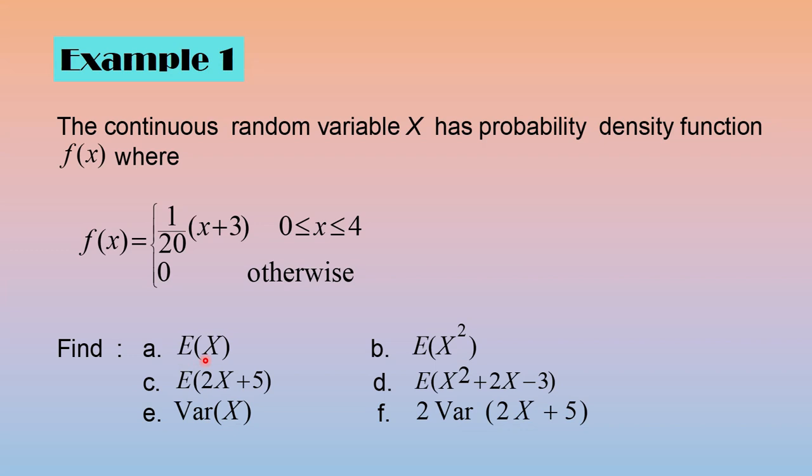Find (a) expected value for X, (b) expected value for X squared, (c) expected value for 2X plus 5, (d) expected value for X squared plus 2X minus 3, (e) variance of X, and (f) 2 times variance of (2X plus 5).